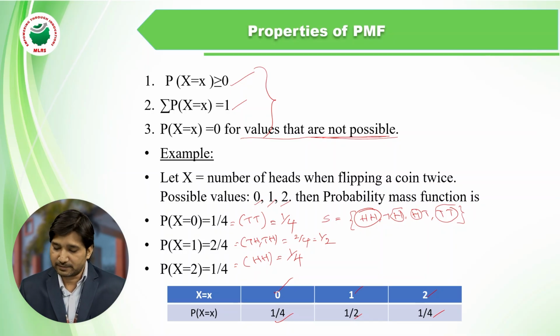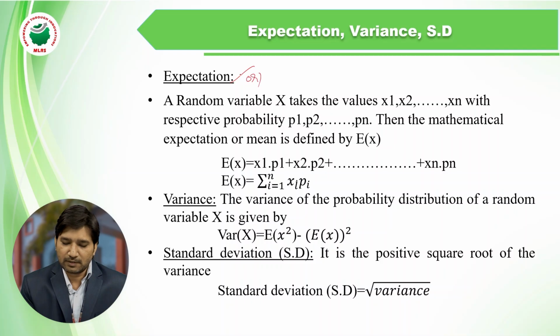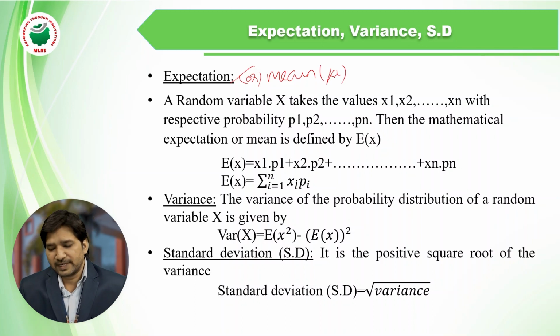Okay. Next, some more definitions of discrete random variables. First one is expectation, or mean, mu. A random variable X takes the values x1, x2 and so on up to xn with respective probabilities p1, p2 and so on up to pn.